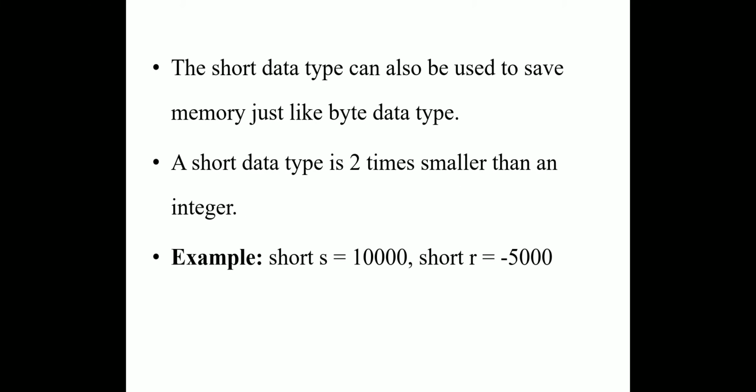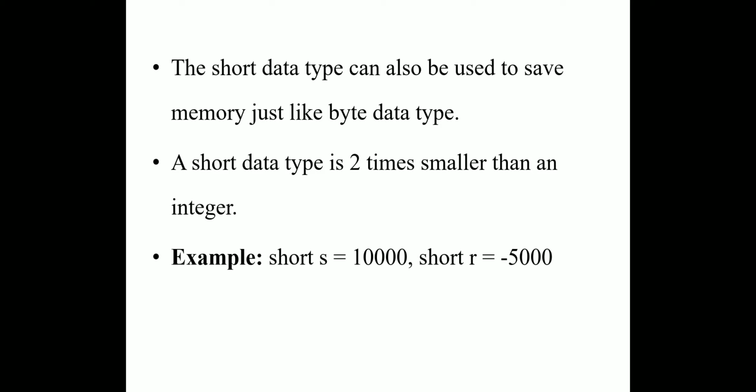The short data type can also be used to save memory, just like the byte data type. The byte data type is 4 times smaller than the integer, but short is 2 times smaller than the integer.